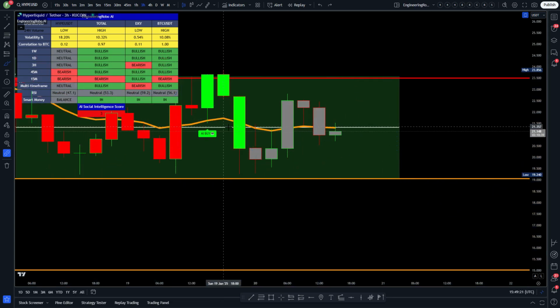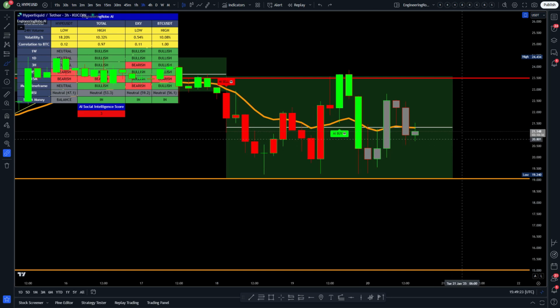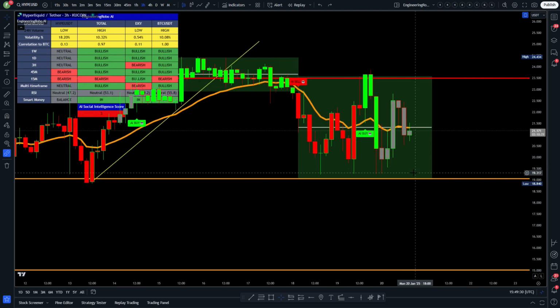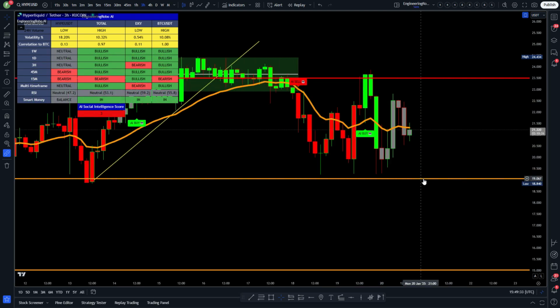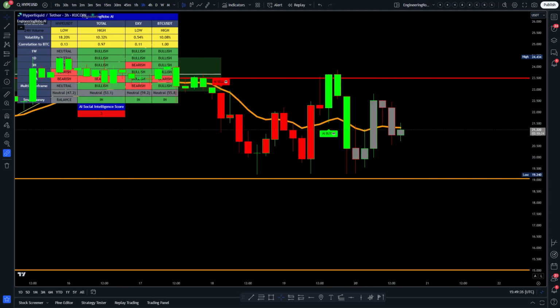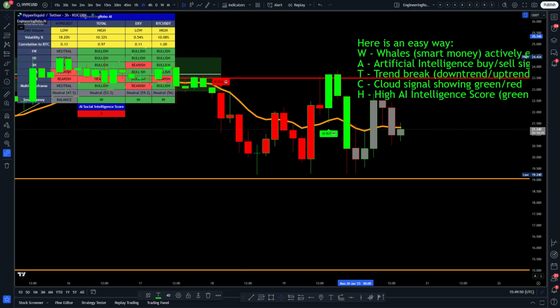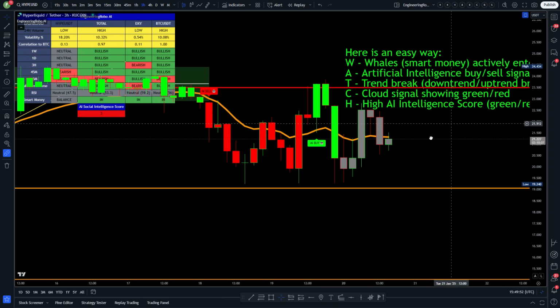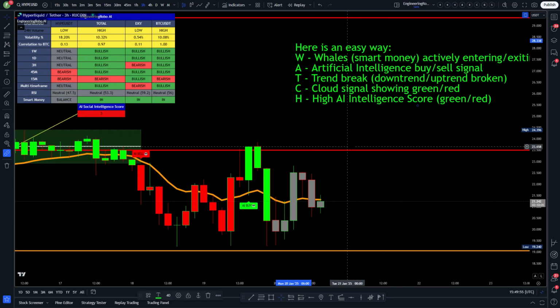Right now, the EngineeringRobo AI indicator is telling us that we should be going long on this coin, but we can't just take that one signal for us to go long. So we do have a checklist in place, and I will quickly do the watch framework so that you can assess with me where we are in terms of price action.